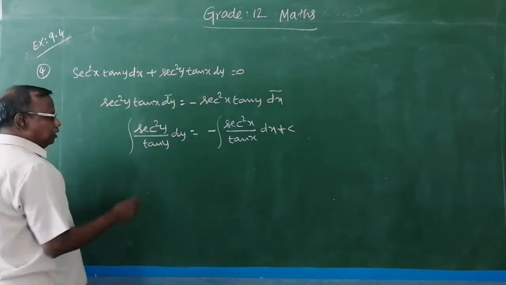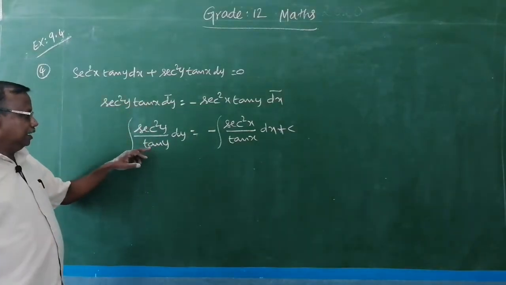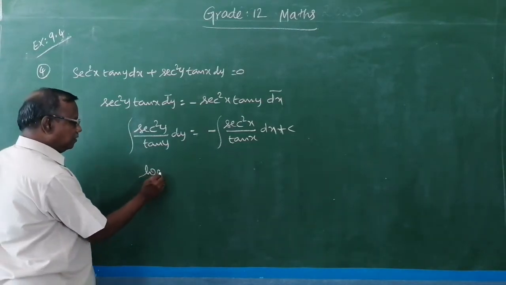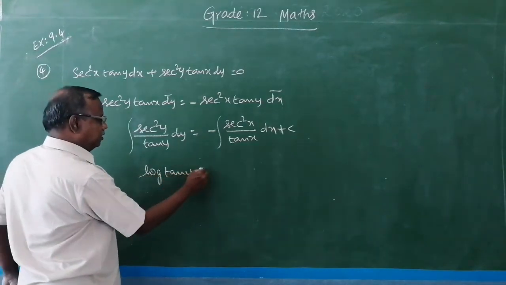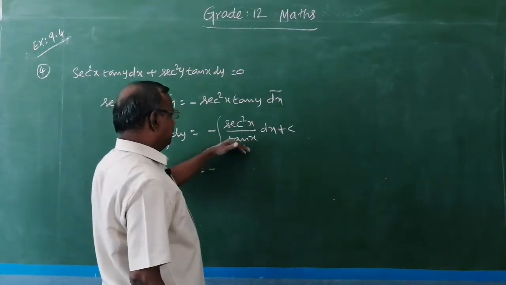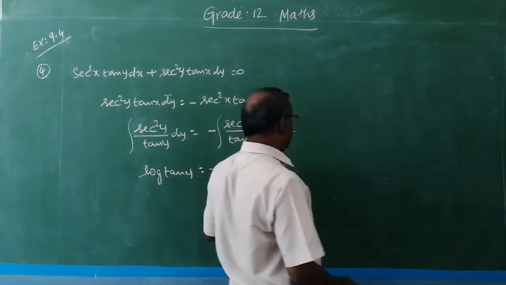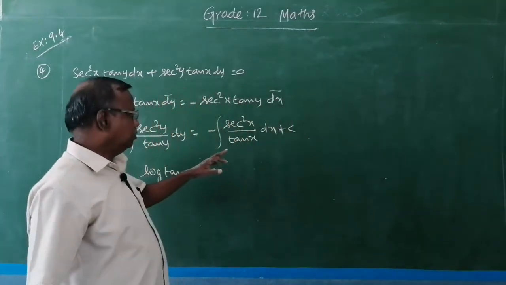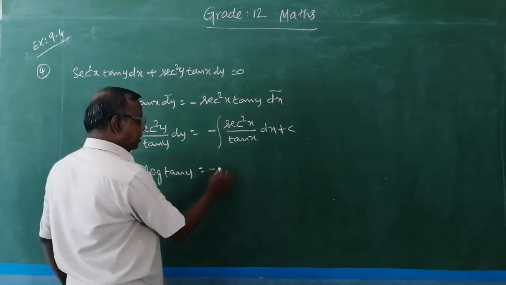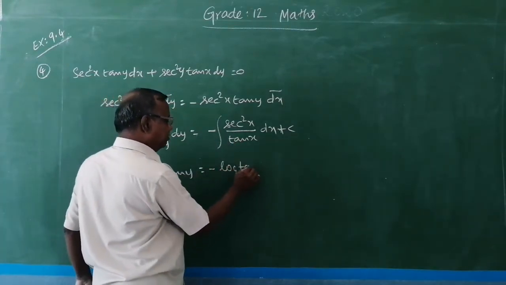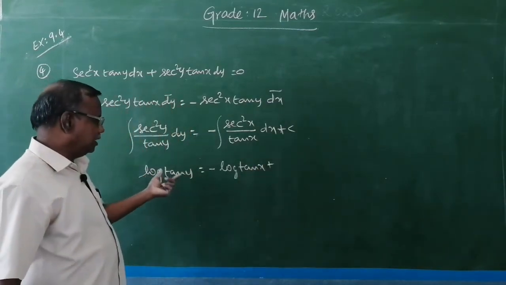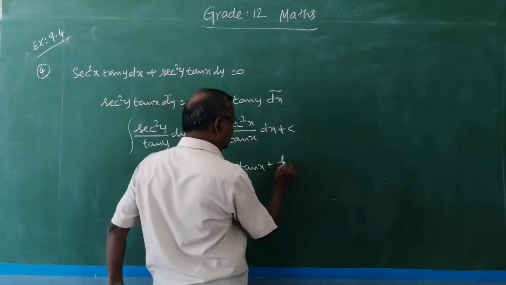Now the denominator is tan y, its corresponding derivative is secant square y, so it is log of tan y equal to minus, the same way the derivative of tan x equal to secant square x. When you put tan x equal to t, it will be 1 by t and log t will be the answer. So this is nothing but log tan x, and c becomes log c only.